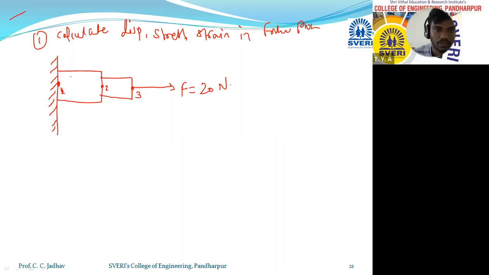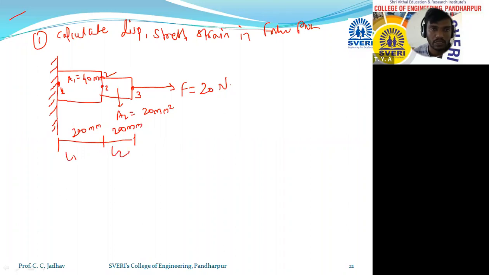In that, the first area A1 is 40 mm square, and this A2 area is 20 mm square, and the length of both elements, first element is 200 millimeter and second is 200 millimeter, that is L1 and L2.